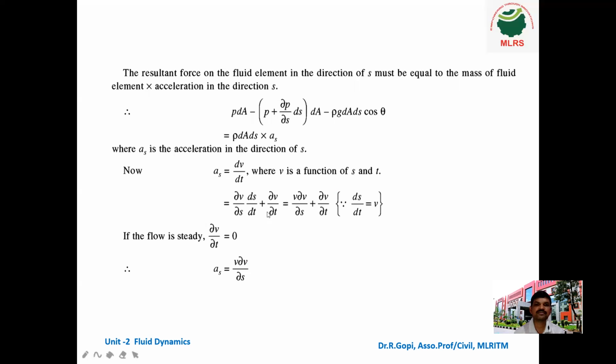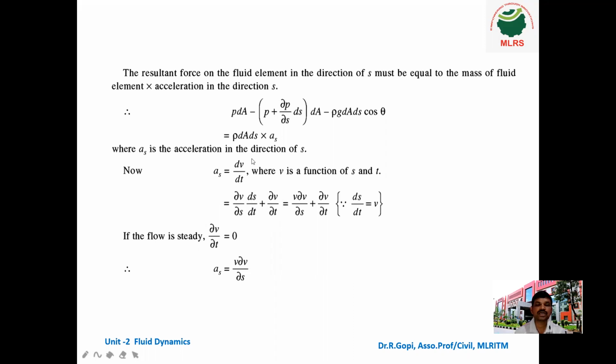I am writing this equation here. Since velocity is a function of s and t, we have to include the s and t terms. So ∂v/∂s into ds/dt plus dv/dt.